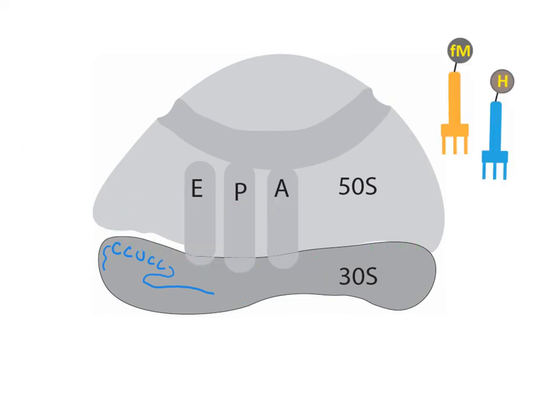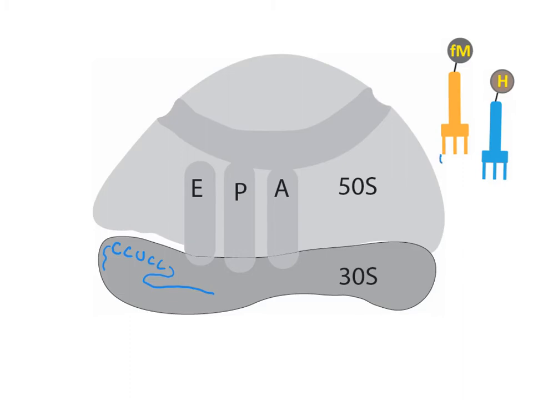So in the cell, there'll be tRNA molecules floating around, and one of those tRNA molecules will be carrying the F-met amino acid, and it'll have an anticodon, which is exactly the opposite of AUG.